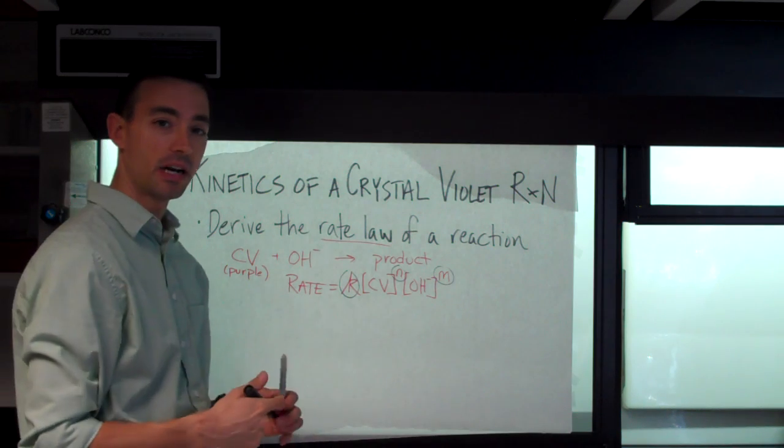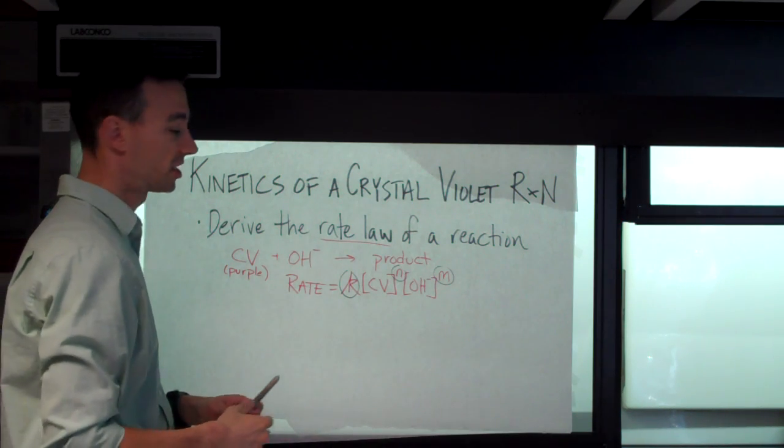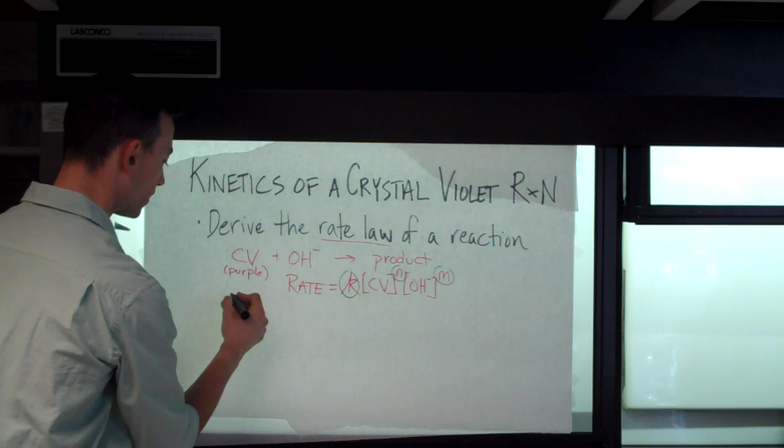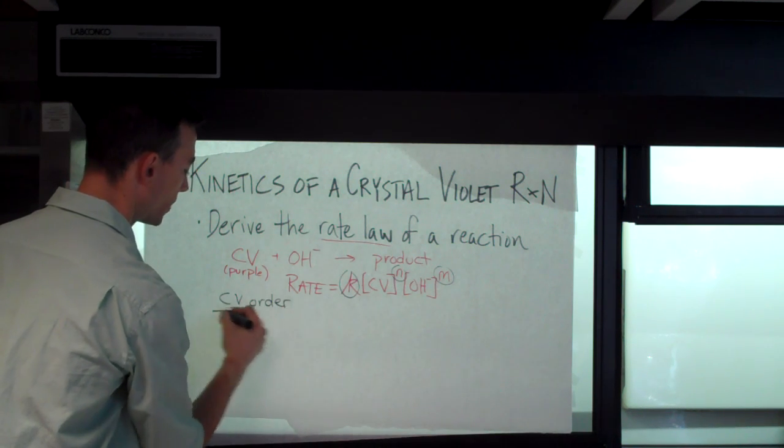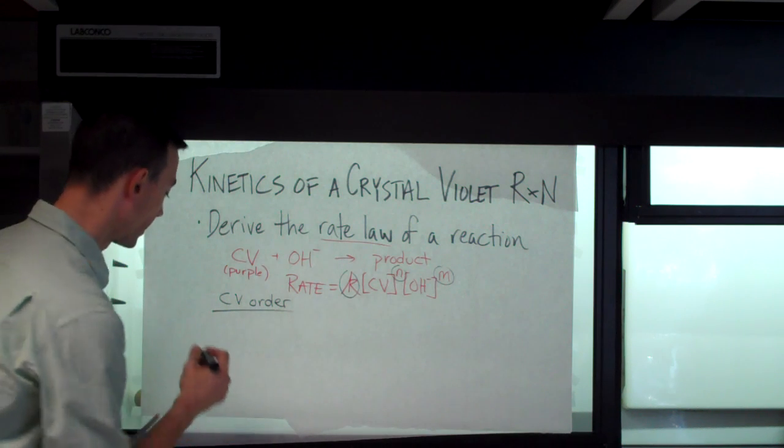We have to divide and conquer to accomplish this task. To get the crystal violet order, we're going to use the integrated rate laws.